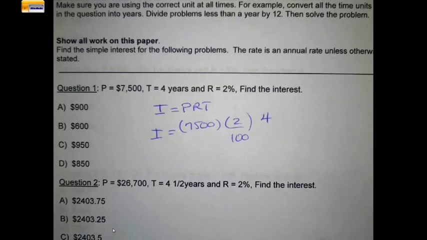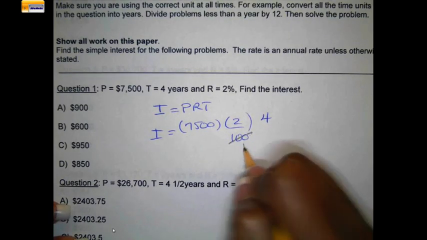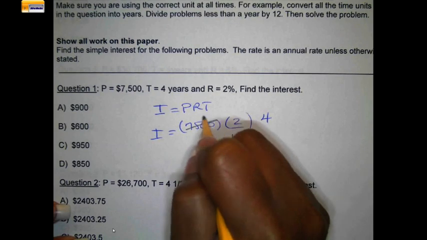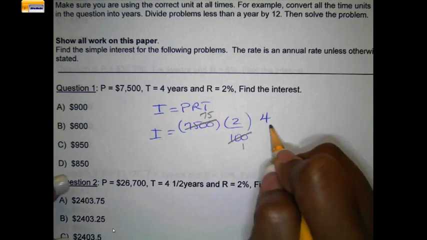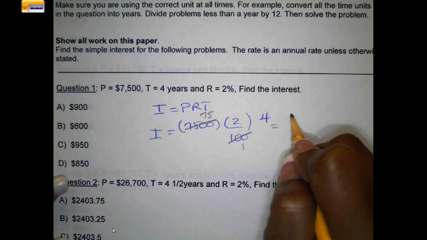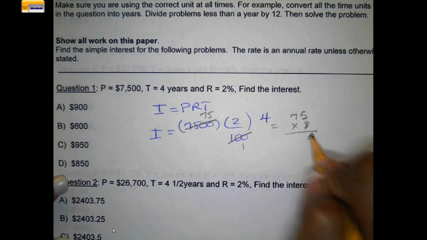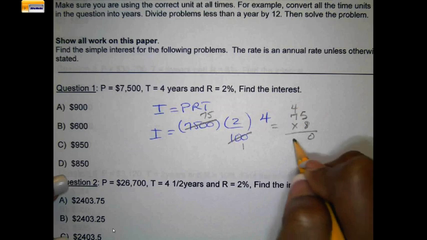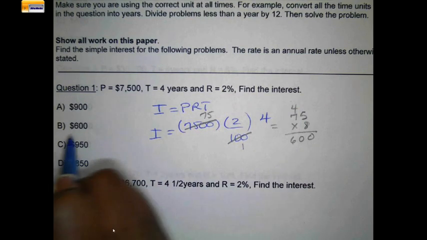What can I cancel? 100 goes into 100 once. 100 goes into 7,500 75 times. Can I cancel anything else? Basically, I get 75 times 8. So I get 600. Is that what you guys got? The interest is 600.